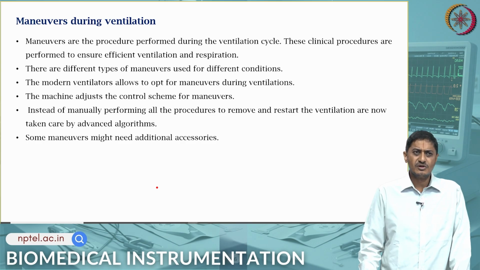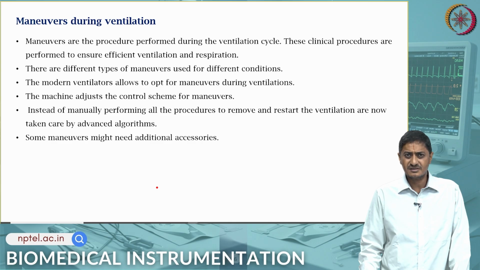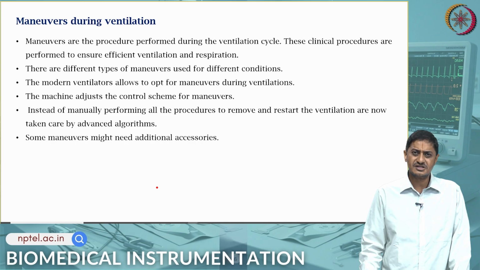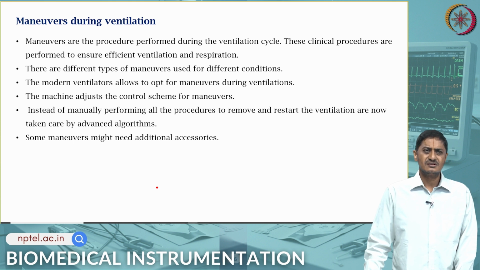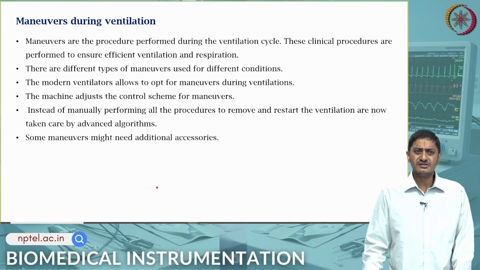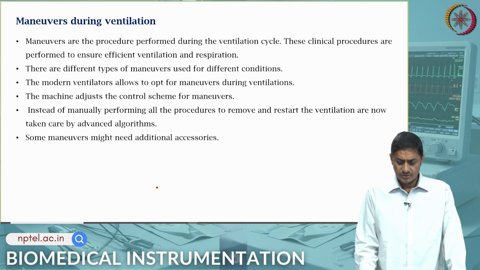So, before we move on to specific maneuvers, these are procedures, deliberate adjustments, performed during ventilation cycles. These are performed to improve the efficiency of ventilation and improve respiration. There are different types of maneuvers used for different conditions depending on the situation. Modern ventilators usually opt for maneuvers during ventilation.